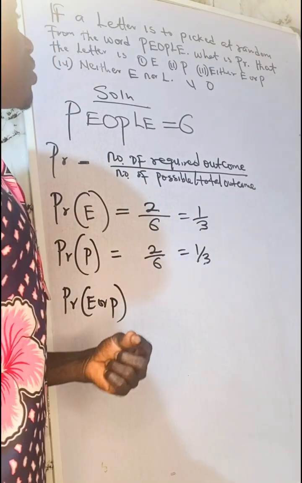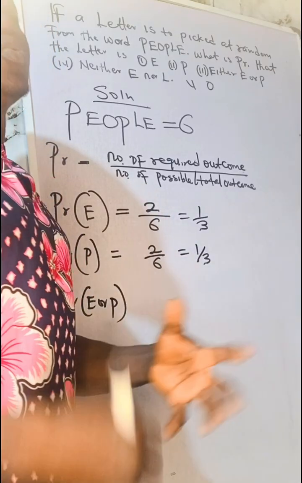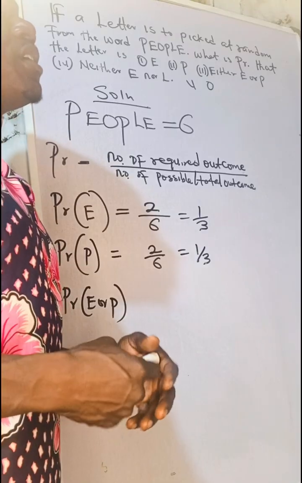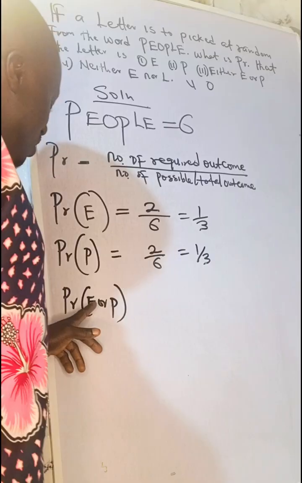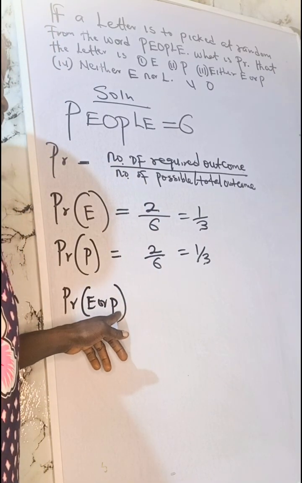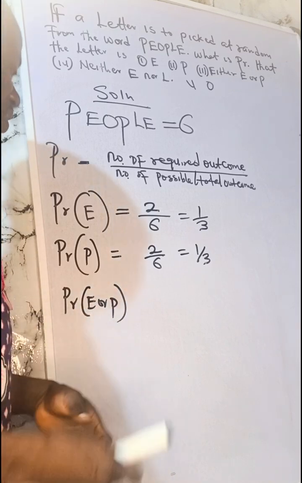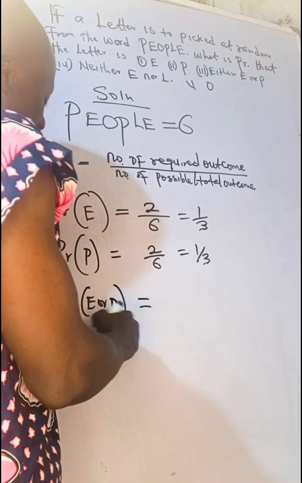In a mutually exclusive event, two events are said to be mutually exclusive if occurrence of one event stops the other one from occurring. It means if I pick E, I will not pick P. Or if I pick P, I will not pick E. That's what it means.